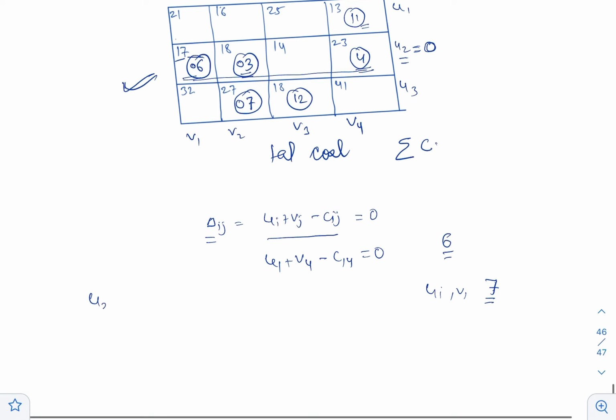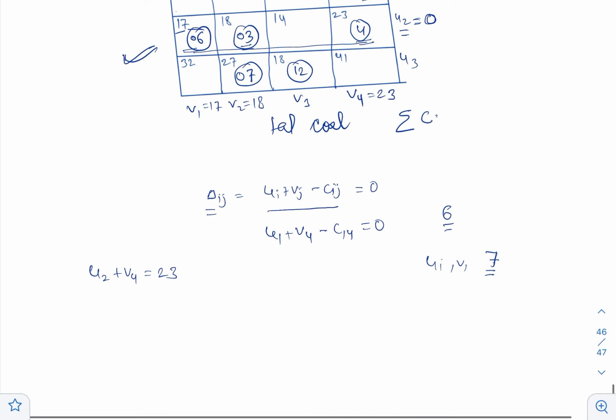Now U2 plus V4 is equal to 23, so V4 is equal to 23. Similarly V2 is equal to 18. Similarly V1 is equal to 17. Now we have V2 plus U3 is equal to 27.